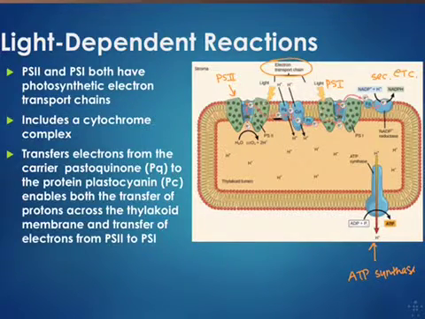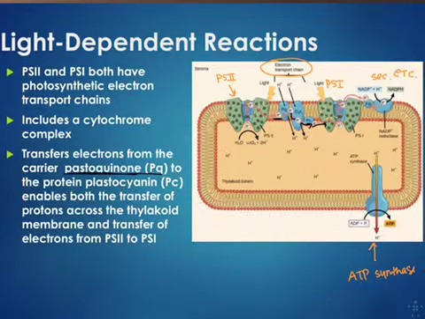and hooks it up with this carrier, plastoquinone, we'll just call it PQ. PQ shuttles the electron to Site C. Site C shuttles that electron to PC, which is actually a protein called plastocyanin. And then finally that electron via PC gets moved into photosystem 1.